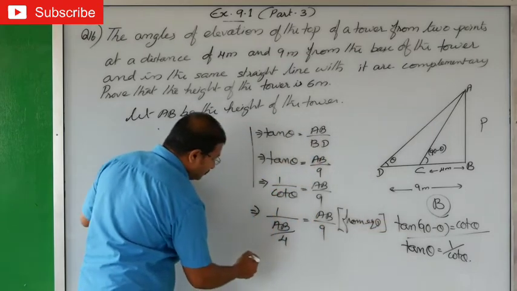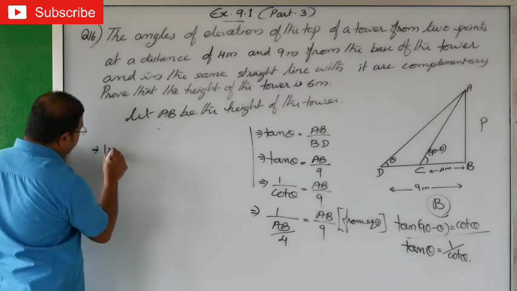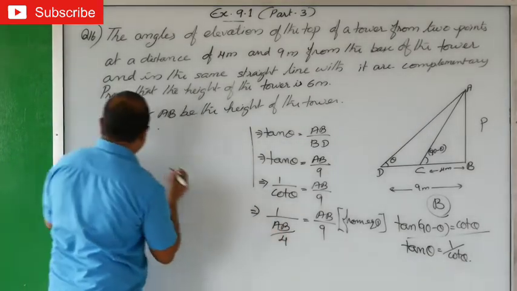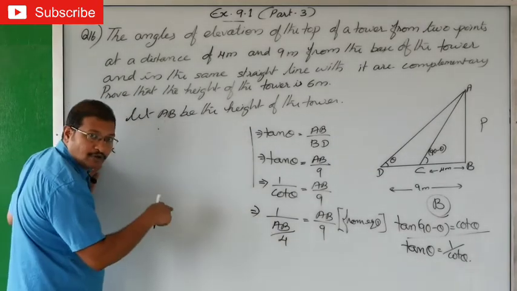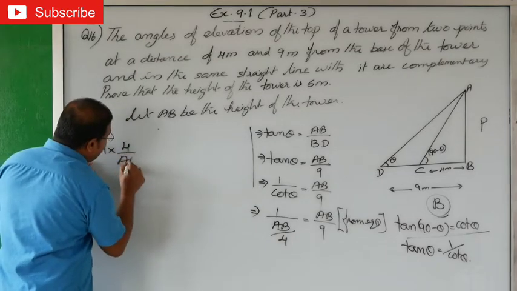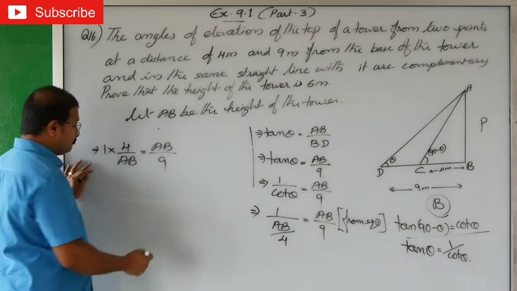If you convert division into multiplication, the inverse will be written. That means 4 by AB equals AB by 9.